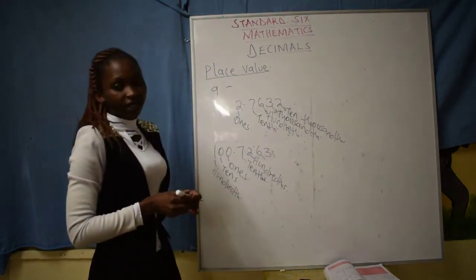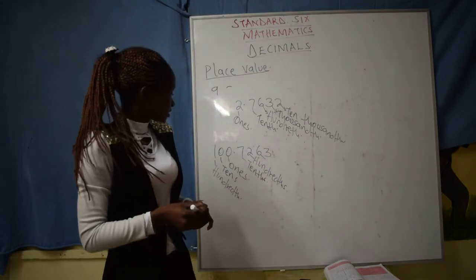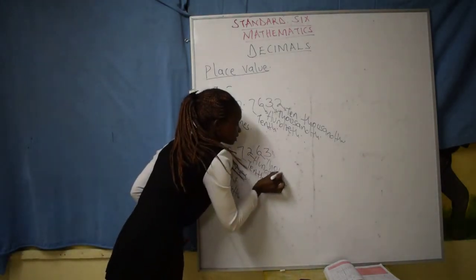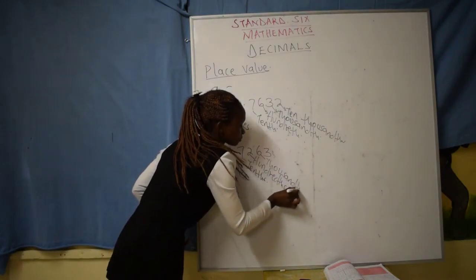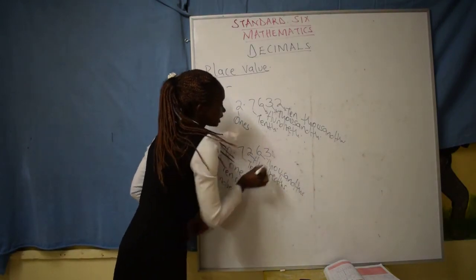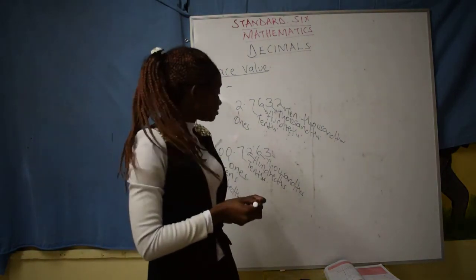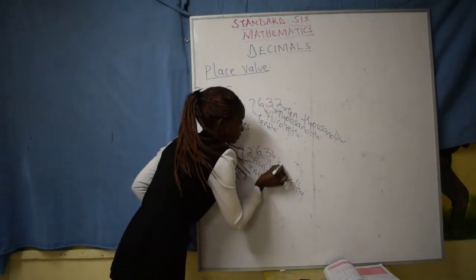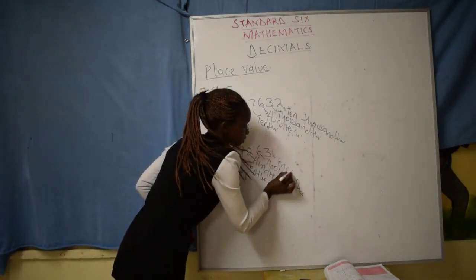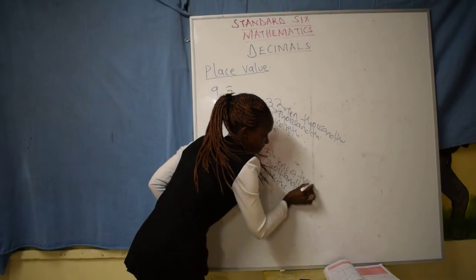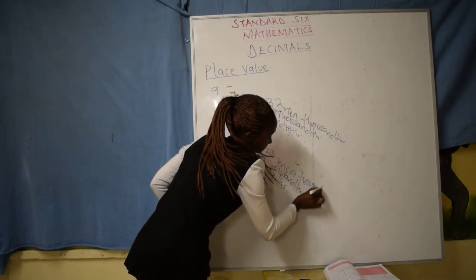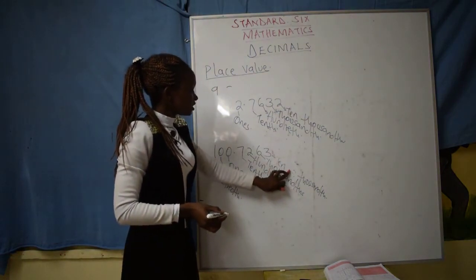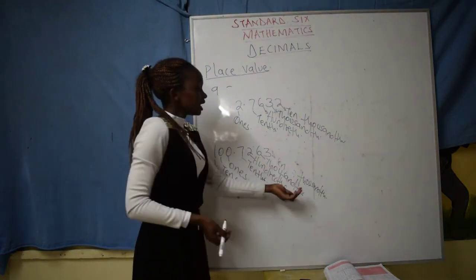How about digit 6? Yes, thousandths. Then lastly we have digit 3, whose place value is, very good, ten-thousandths, or you can simply write it as ten-thousandths.